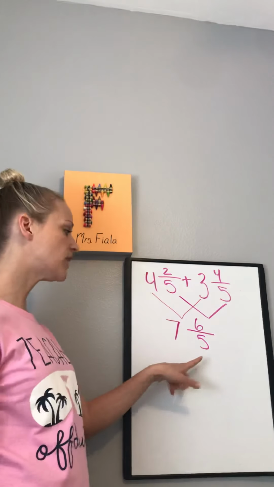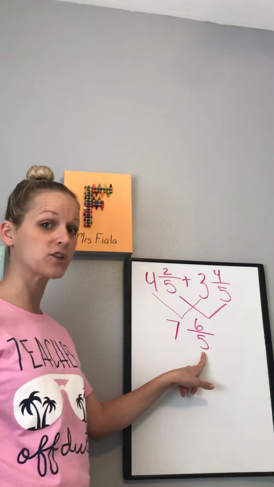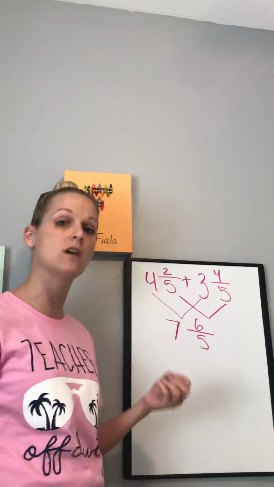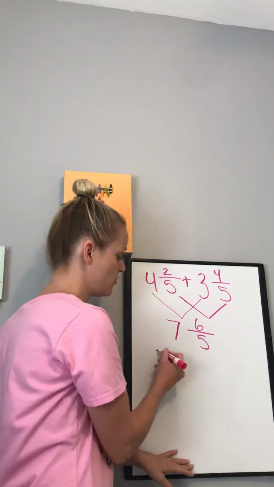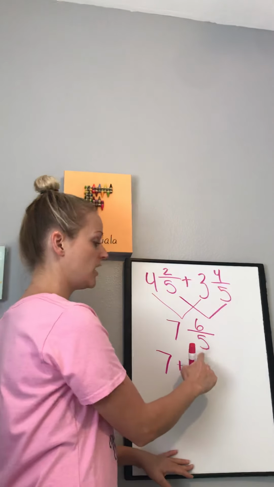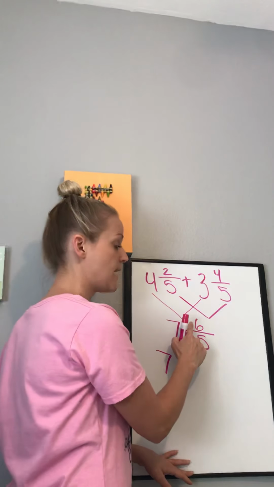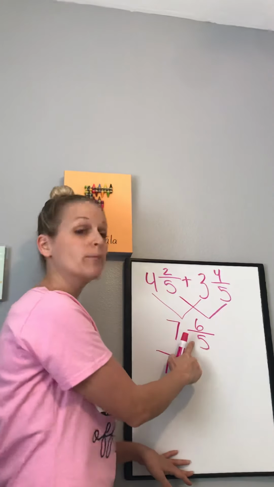So now what I have here is an improper fraction. If you get an improper fraction, you have to change that to a mixed number. So I'm going to keep that 7 wholes, and now I'm going to change this to a mixed number. I divide the top number, the numerator, by the bottom number, the denominator.